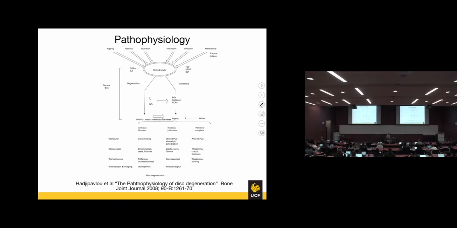Some of those, for example, when you think of mechanical stress, are below a threshold where they actually strengthen the disc, and others can be over the threshold where they actually damage it. So when the musculoskeletal tissues typically are stressed, they will respond with more synthesis and so more strengthening, but it has its limits.